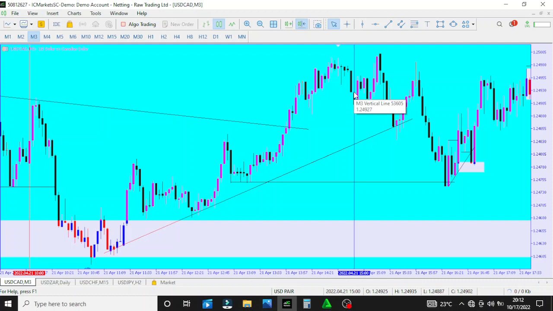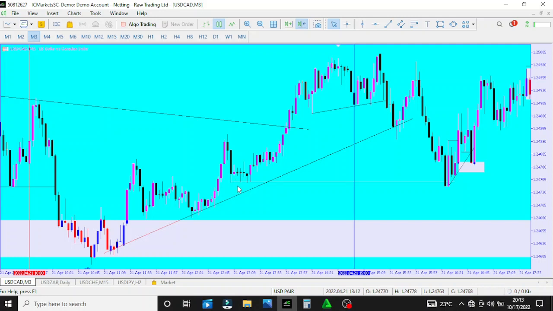And around this time, New York opened, and it continued with this bullish order flow. It created a new high, and it went on to manipulate this trend line and gave a little bit of reaction on this trend line, and manipulated this trend line and went on to manipulate these equal lows.